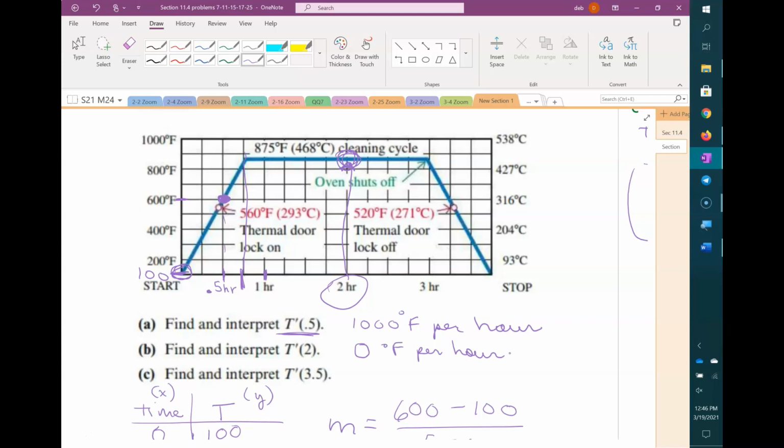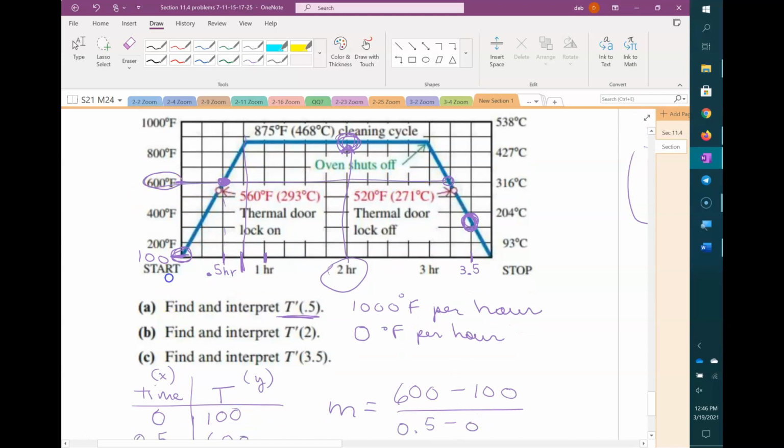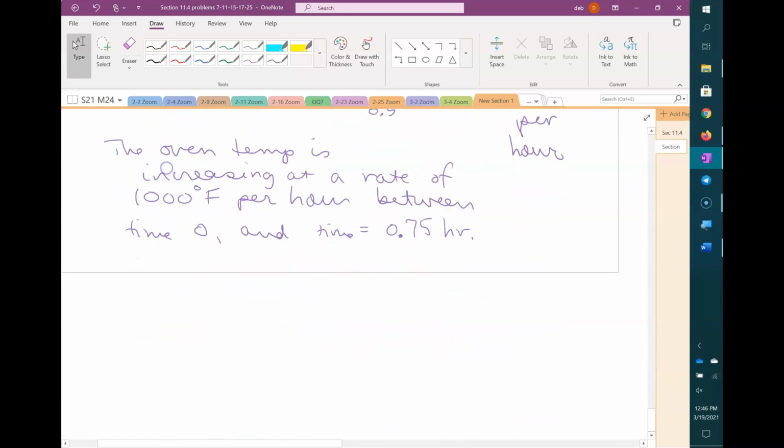So then when we look at time 3.5, so here's time 3.5. So we're at this point. Well, again, it's a straight line. So again, we're going to look at slope. And we're going to say, oh, look, it does the mirror image of what it did heating up when it's cooling off. So here's the cooling off part.